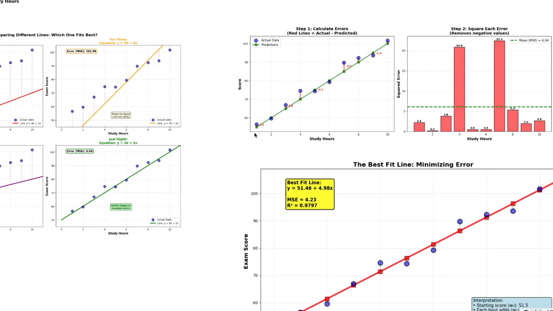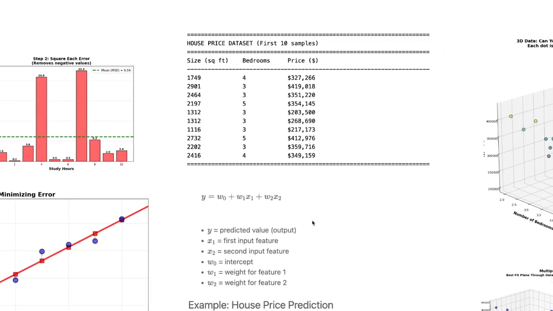Then, in linear regression, can there be only one feature? No, there can be two or more as well. Here it's a problem with two features, the size in square feet and the bedrooms.